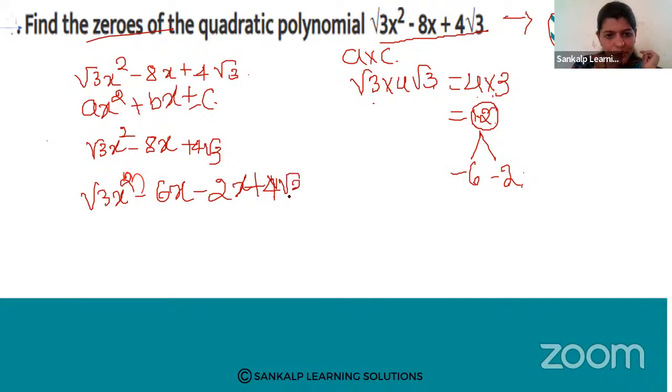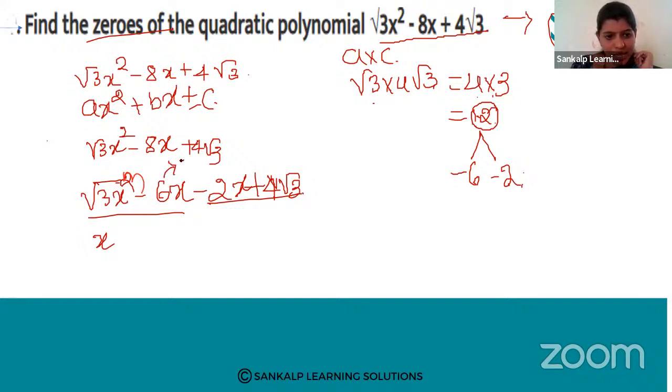Right. Now make two groups. In this group, which one is common? That is x is common. So I can take x common. Only x is common? No, another thing is common.